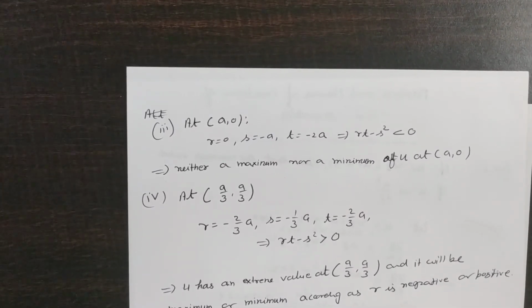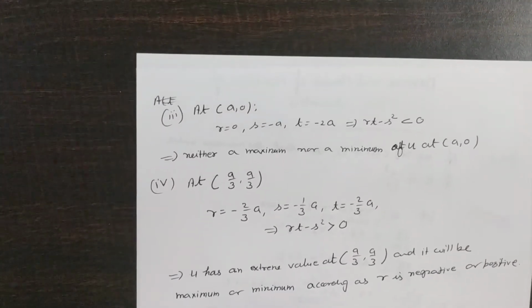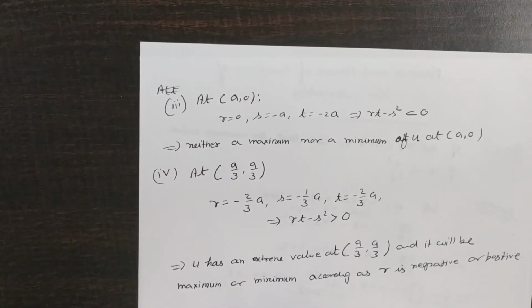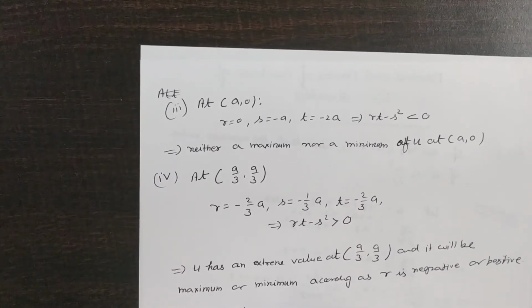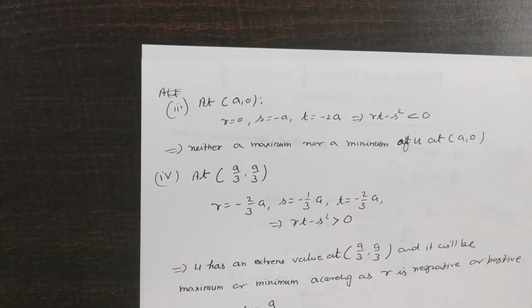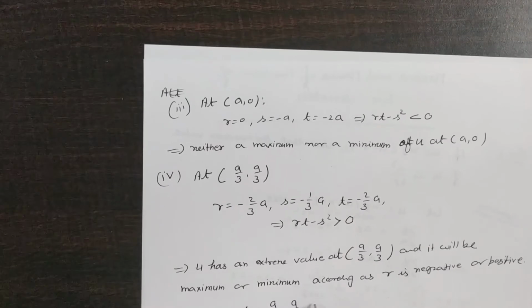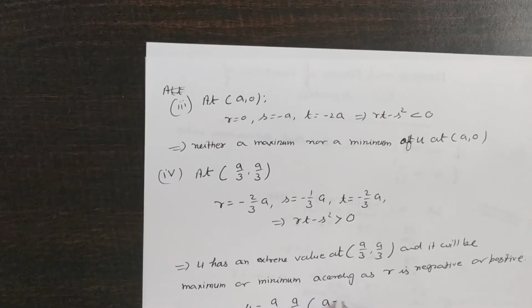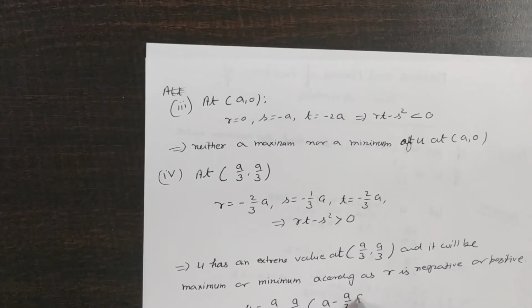The extreme value of u is given by u is equal to a by 3 into a by 3 into (a minus a by 3 minus a by 3).